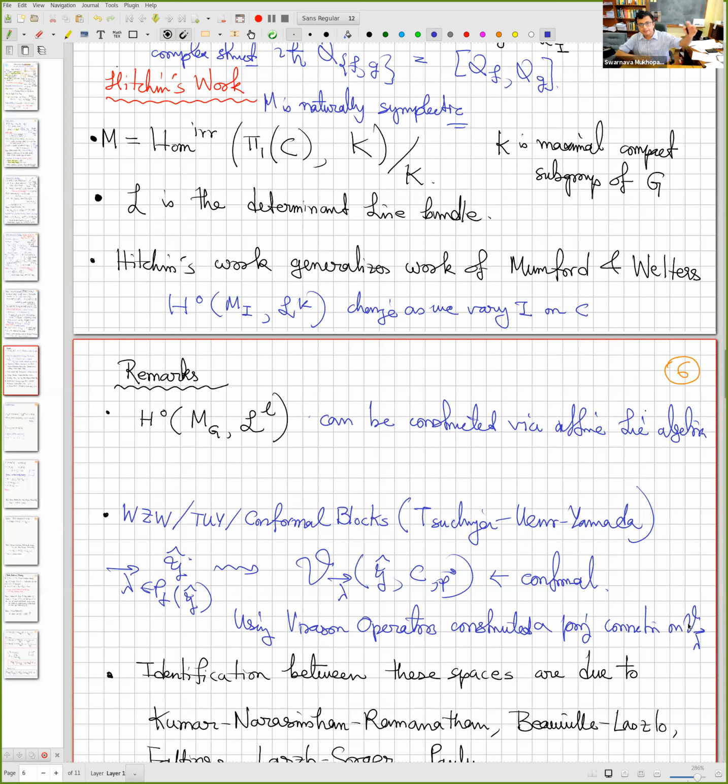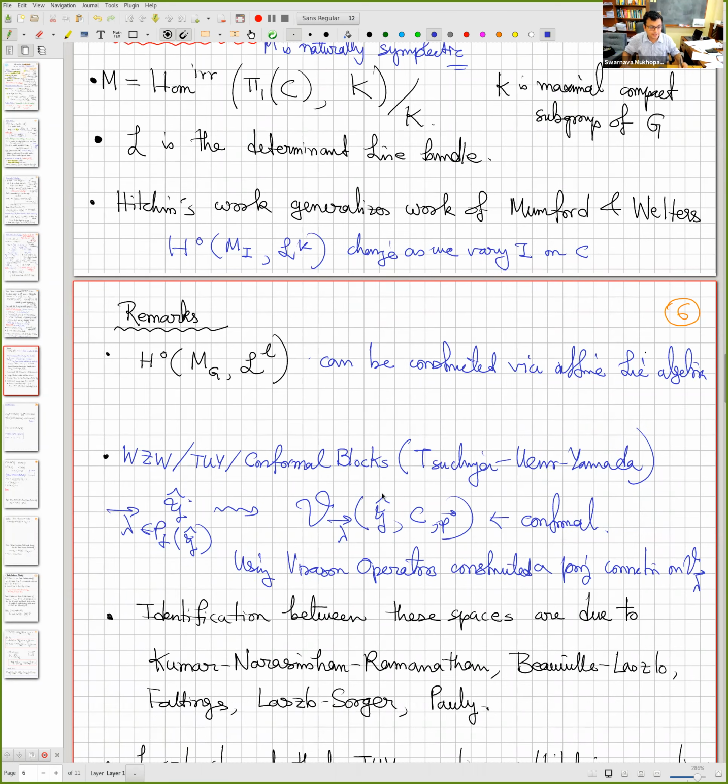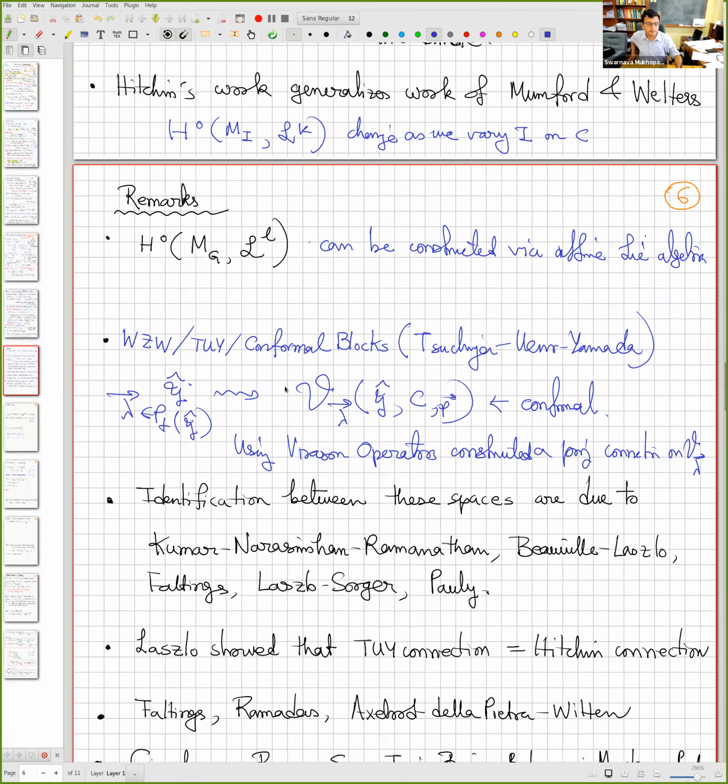Somehow this is like the Lie theoretic connection, which only works in characteristic 0, whereas on the other hand you have a natural identification between these conformal blocks and non-abelian theta functions. This identification was first proved by Kumar, Narasimhan, and Ramanathan around 1984.